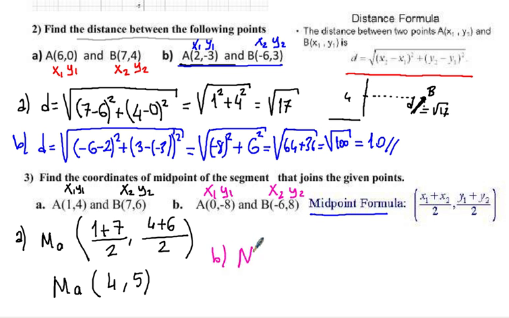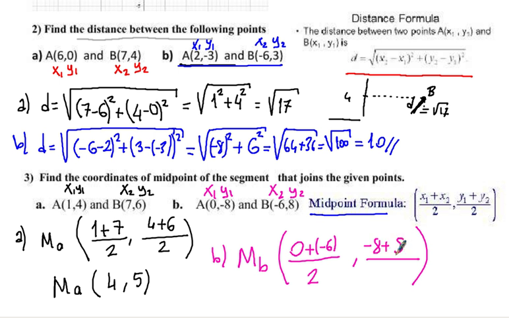For the B, I call the midpoint MB. So you see, x1 is 0 plus negative 6 over 2, and y1 is negative 8 plus y2 is 8 over 2. So MB is what?